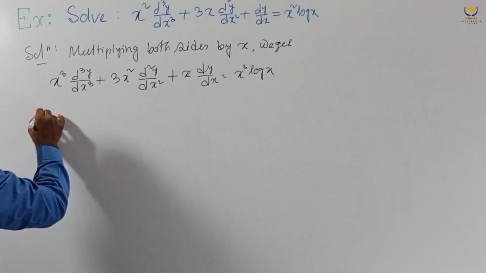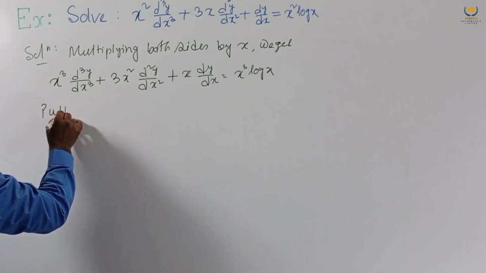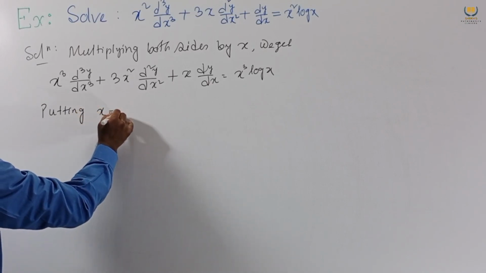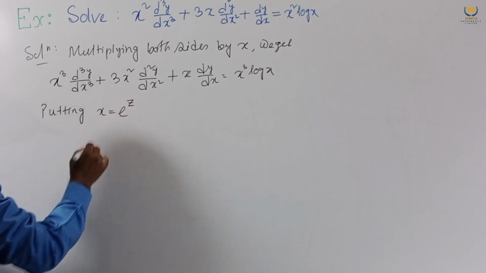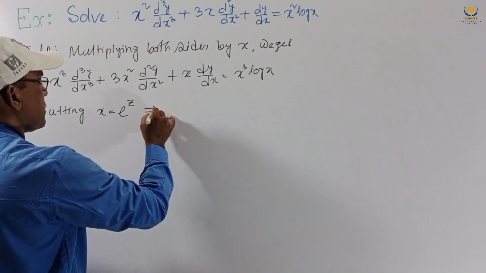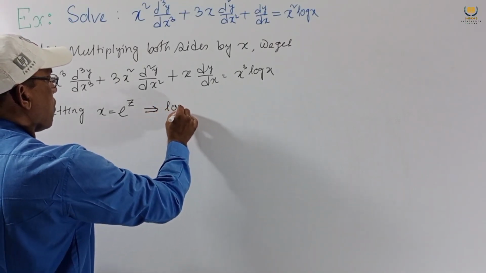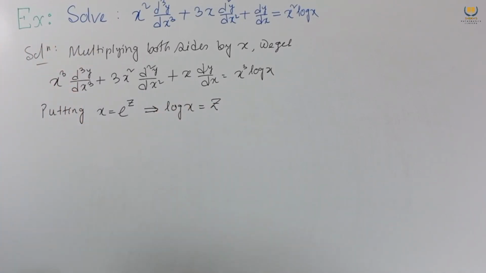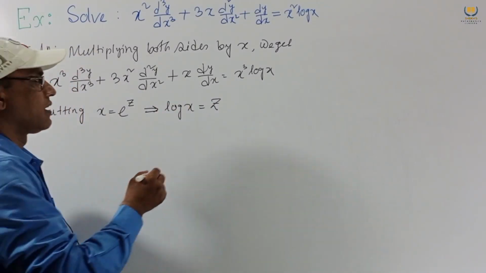So putting x equal to e to the power z, this implies log x equal to z.